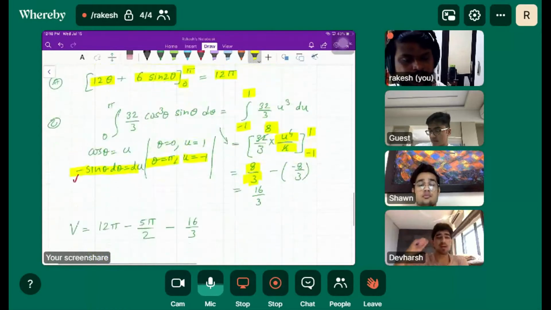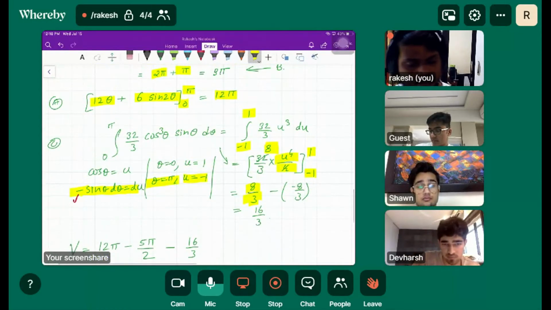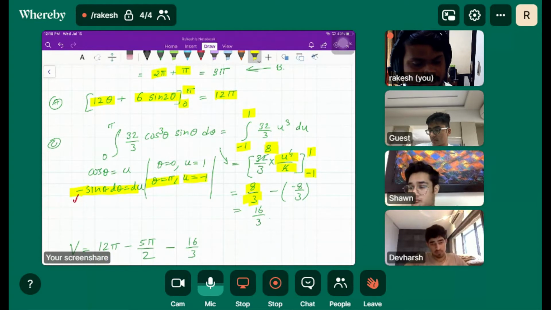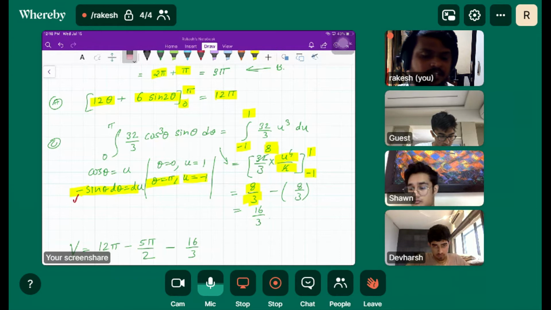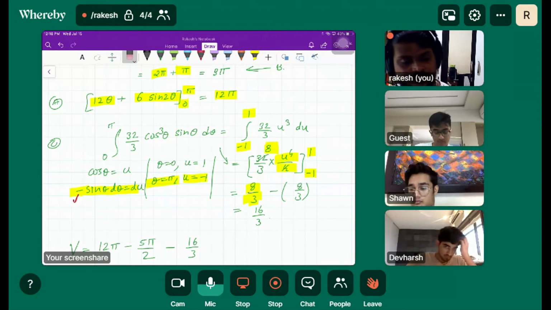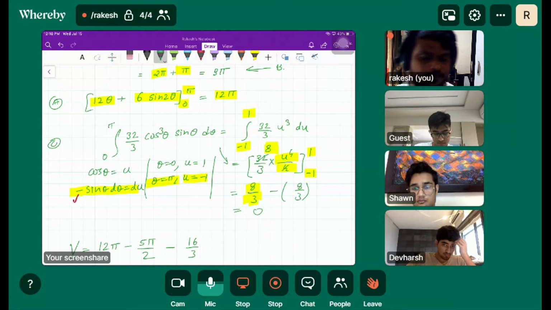Whether your answer is coming the same. Yeah. So we'll get 8 by 3 here when we plug u is equal to 1. So 8 by 3 minus, when we plug minus 1, that will also be 8 by 3, not minus 8 by 3. And this will give you 0, because there is an even power of u.